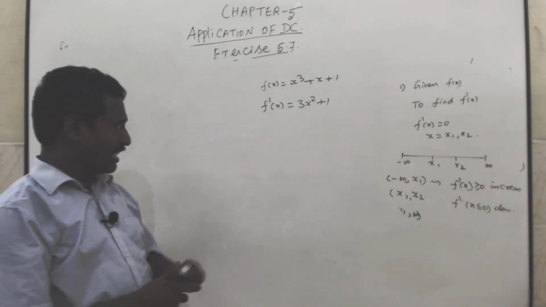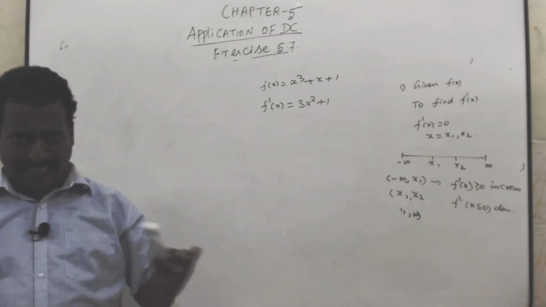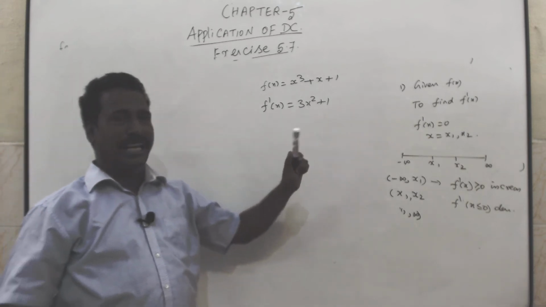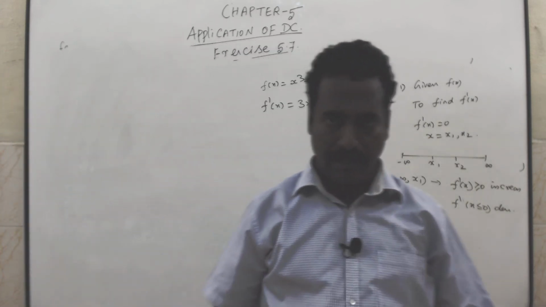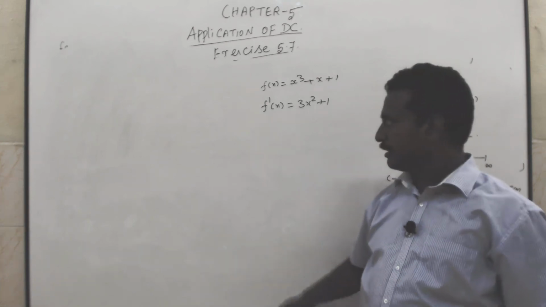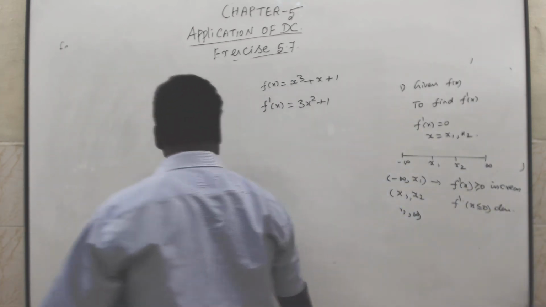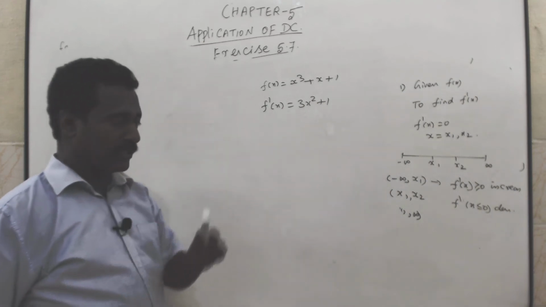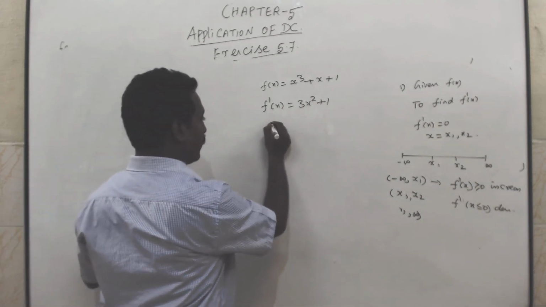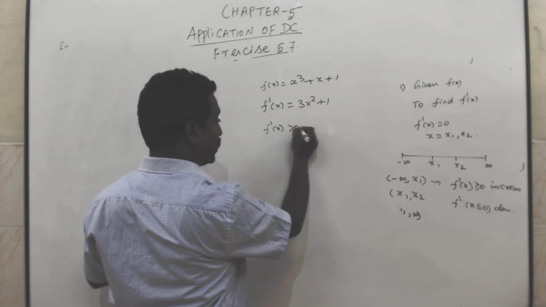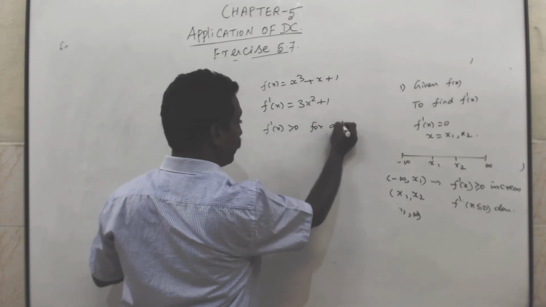Here x is a perfect square, there is no other x term. Substitute any value for x, either positive value or negative value or 0, it is positive. Therefore, f dash of x is greater than 0 for all real values of x.